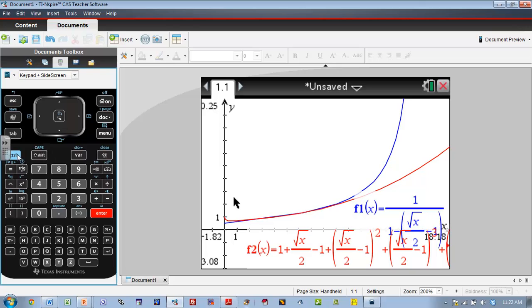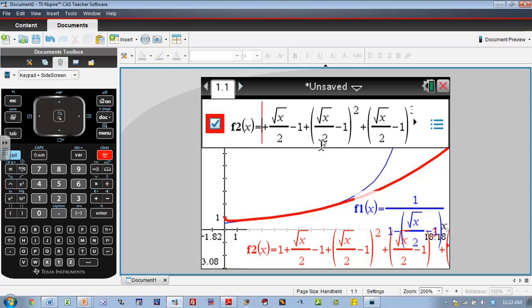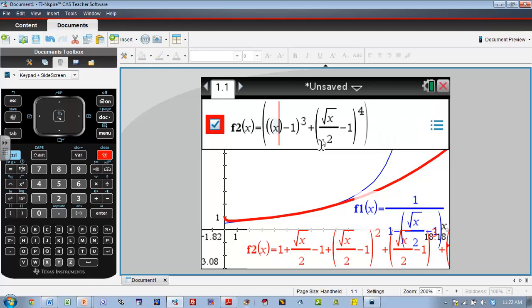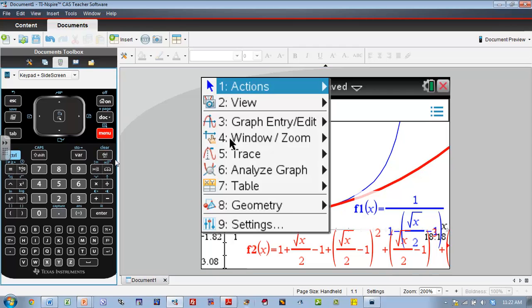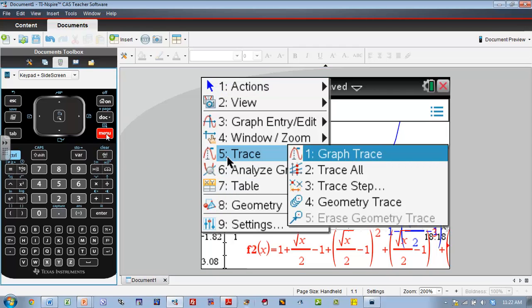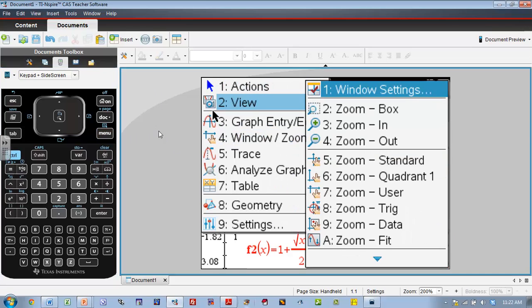Maybe there's one more thing that we can do to make this a little bit easier. I'm going to get rid of all of what I had there before. Let's try this out.